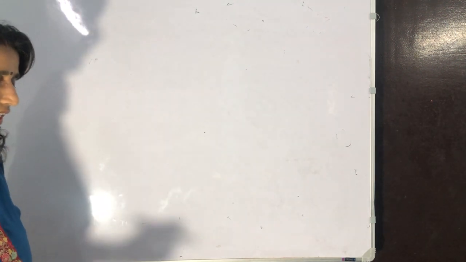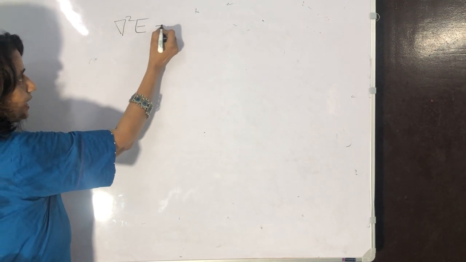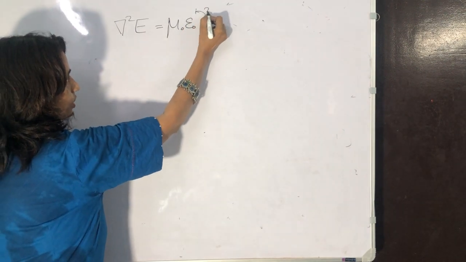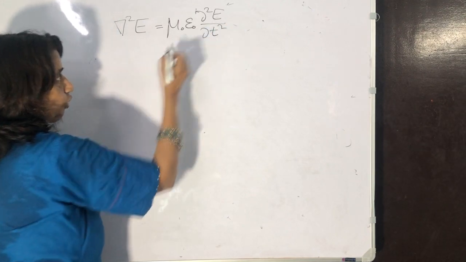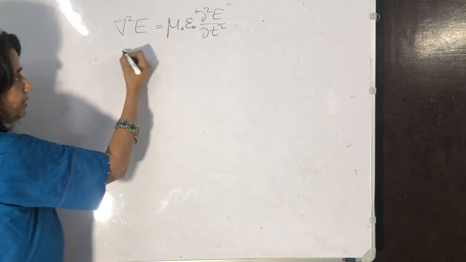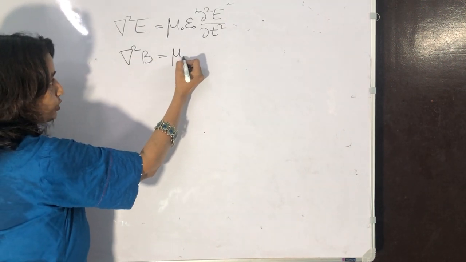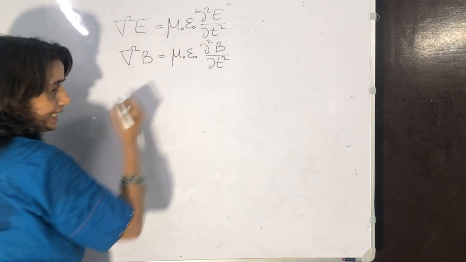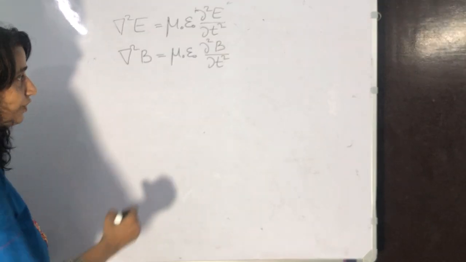Plane electromagnetic wave equations in free space are given by del square E equals mu naught epsilon naught del square E upon del t square for the electric field. Similarly for the magnetic field, del square B equals mu naught epsilon naught del square B upon del t square. They are the plane electromagnetic equations in free space.